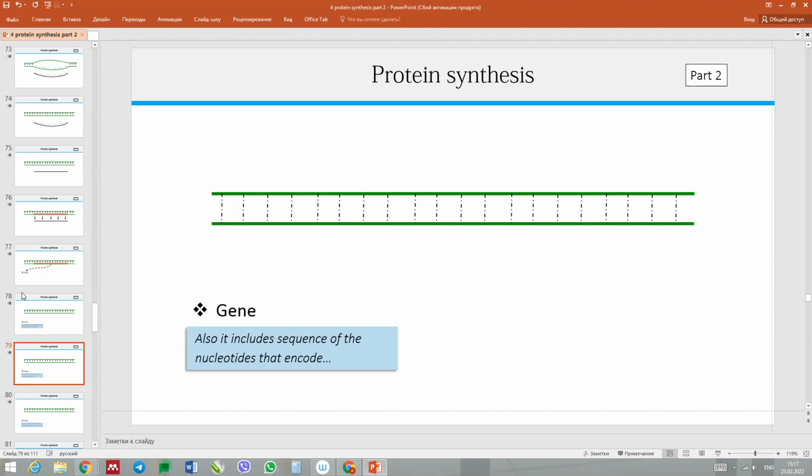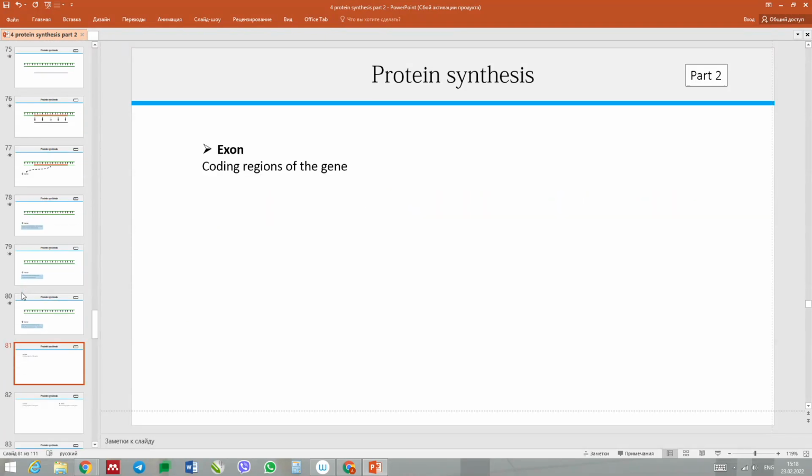And a very important and very surprising trick of nature is that a gene includes not only nucleotides encoding the sequence of amino acids of the protein. A fragment of DNA that is responsible for information about synthesis of the protein also encodes nothing in some regions.